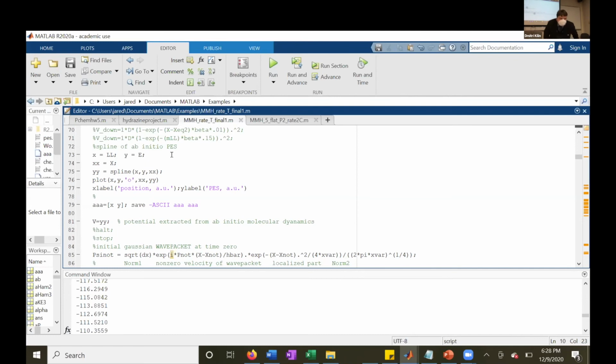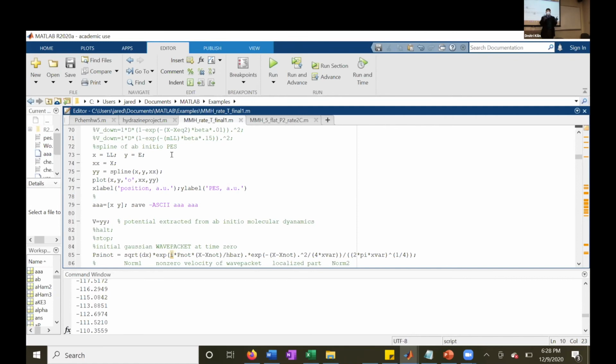The potential that you are using is stored in all these variables e, y, v. The spline is used because the potential energy surface data you are reading from the file are quite sparse, right?